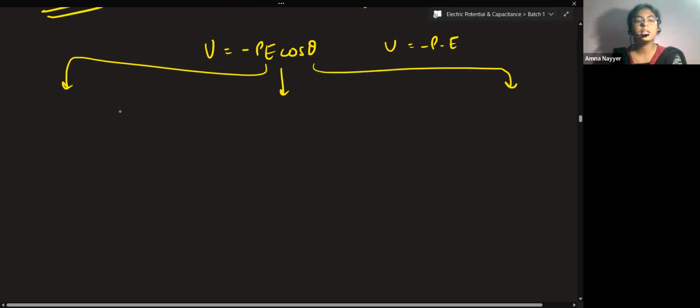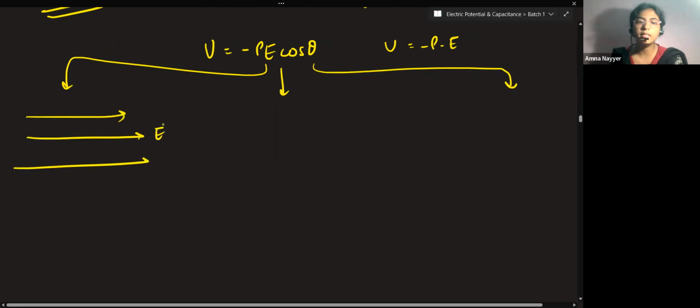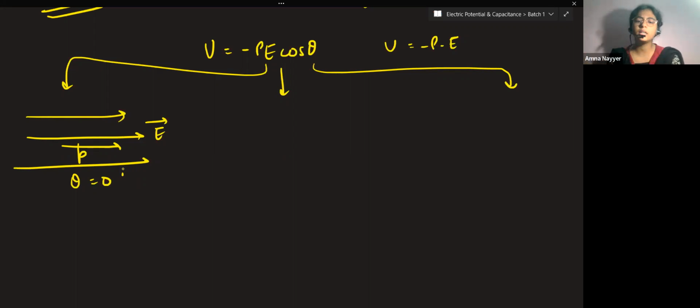If your dipole and electric field both are aligned together, this is your electric field, this is your dipole, both are aligned together already, it means your theta is 0. Right now, I'm considering only one angle, PE cos theta, not the difference.